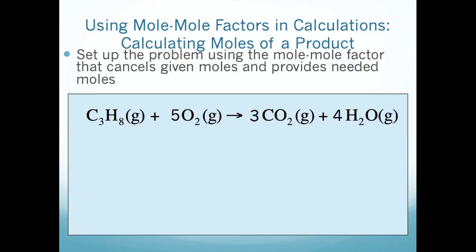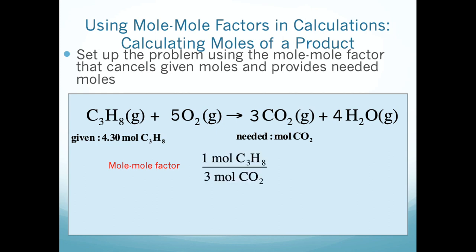Okay, so with that in mind, we have our 4.3 moles of propane that we're trying to get to carbon dioxide. So again, looking at that relationship between those two chemicals, we have 1 propane for every 3 carbon dioxides, which means we could write that as a 1:3 ratio, or to write the opposite conversion factor, a 3:1 ratio.